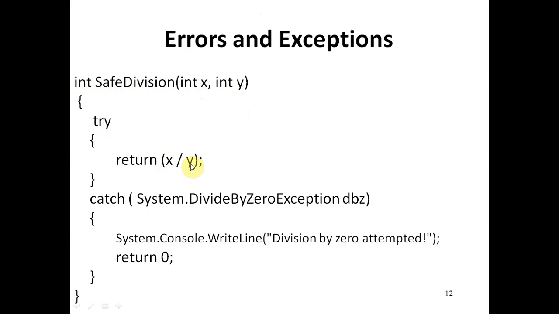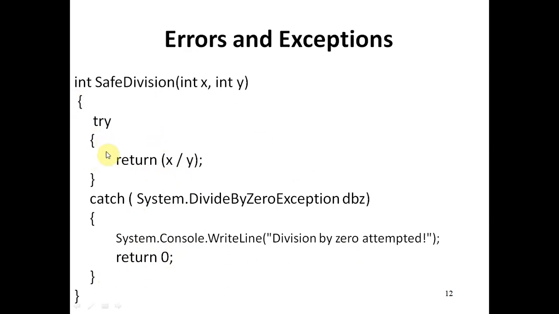Suppose we pass the value of y as 0, then this exception will be generated and caught: System.DivideByZeroException. If we have written using System, then there is no need to write System dot; we will write only DivideByZeroException. And here is the message: System.Console.WriteLine division by 0 attempted. Before dividing by 0 it will alert us, and it will come out of this statement, and the following statement will not execute.